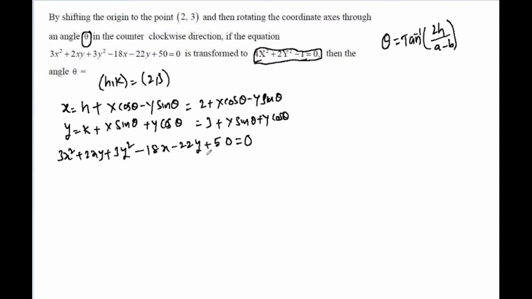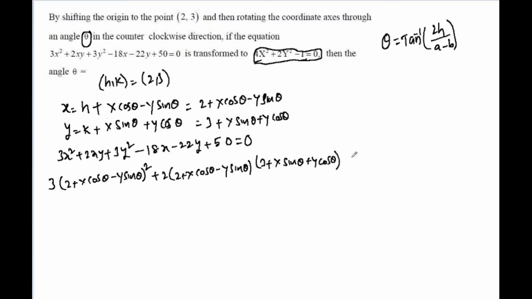Substituting these values in this equation: 3 into (2 plus X cos theta minus Y sin theta) whole square plus 2 into (2 plus X cos theta minus Y sin theta) into (3 plus X sin theta plus Y cos theta) plus 3 into (3 plus X sin theta plus Y cos theta) whole square minus 18 into x minus 22y plus 50 is equal to 0.